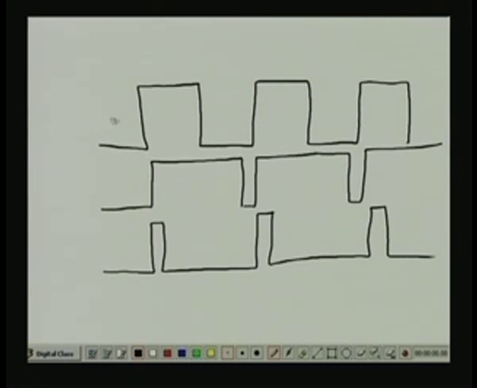In this case the average value will come down somewhere like here, if I take a different pen. So the average value will come down here, you see here. In this case the average value will come down here, and in this case the average value will come down here.